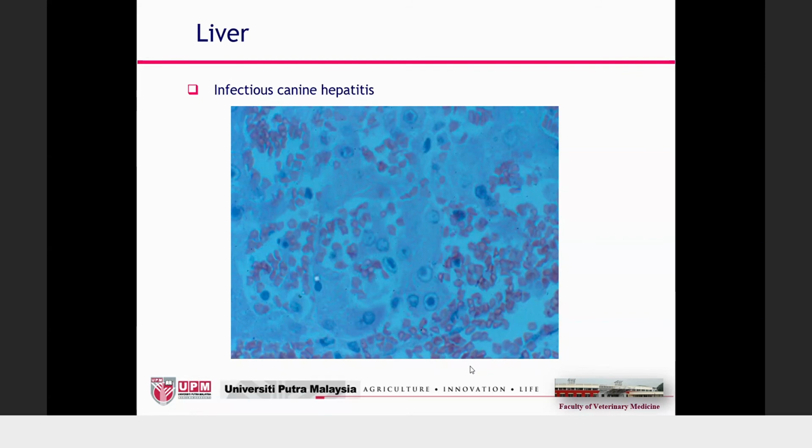There's no more virus there for the eosinophilic ones. Yeah. So of course, in this case, you can see intranuclear inclusion body as a result of adenovirus infection in a case of infectious canine hepatitis. Okay.